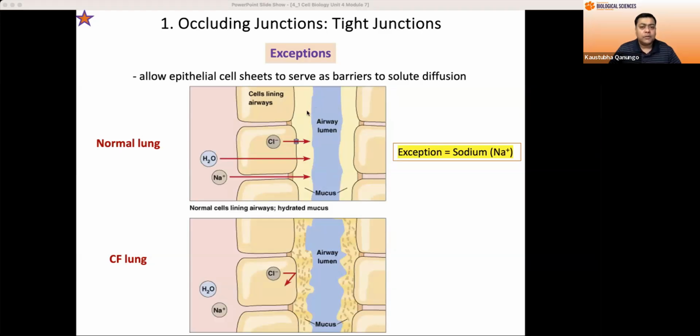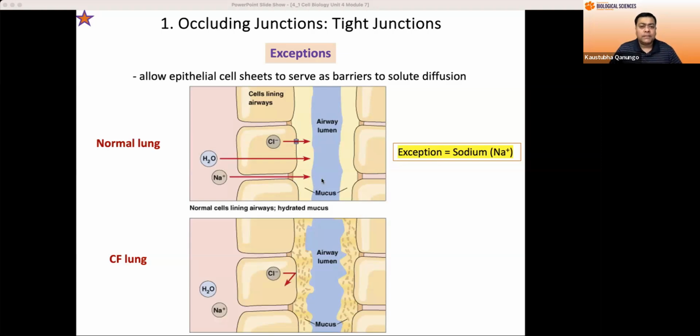And as a negative charge is moving into the airway lumen, it actually pulls sodium to neutralize that charge. Sodium is in the blood side right here, much more, and this sodium is the exception that can move through the tight junctions.